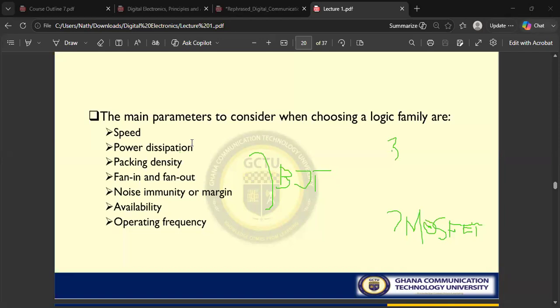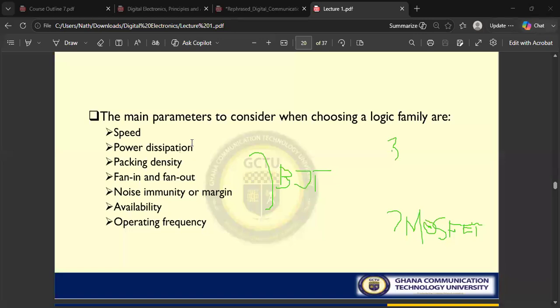Before you go for any logic family, you have to get the charts, which talk about the speed, power dissipation, packing density, fan-in, fan-out, noise immunity or margin, and operation.